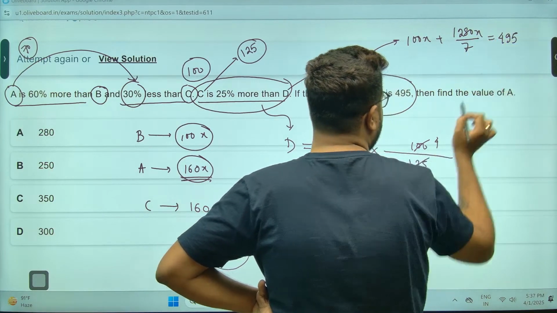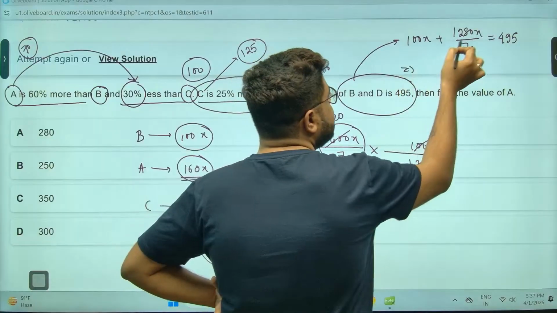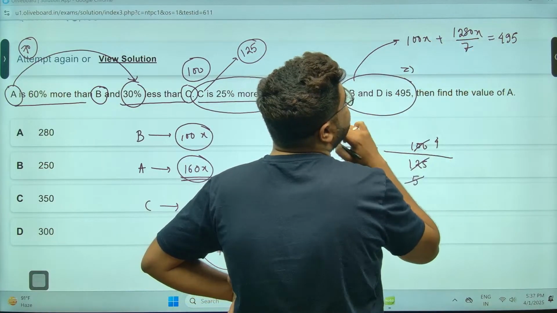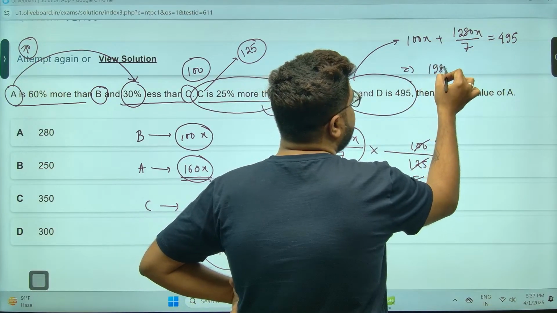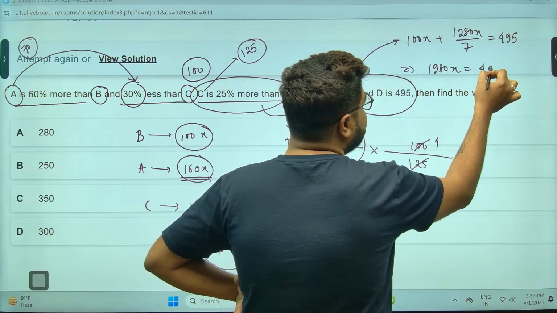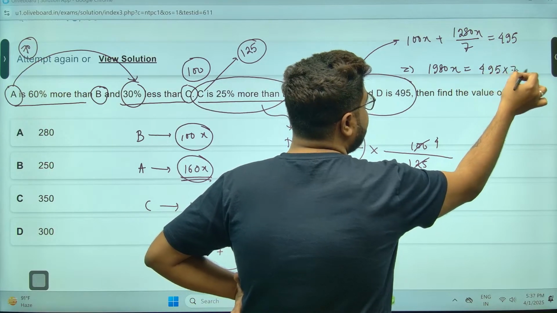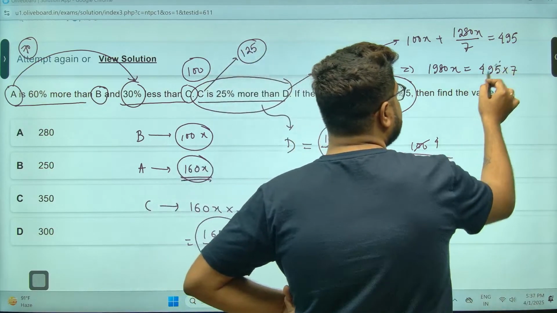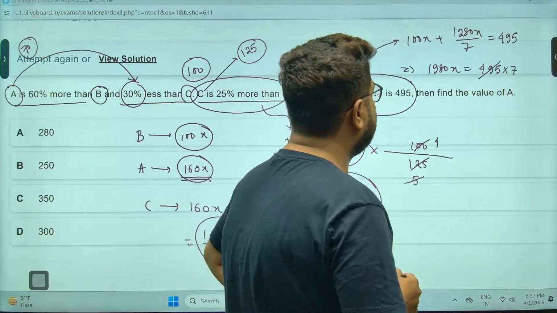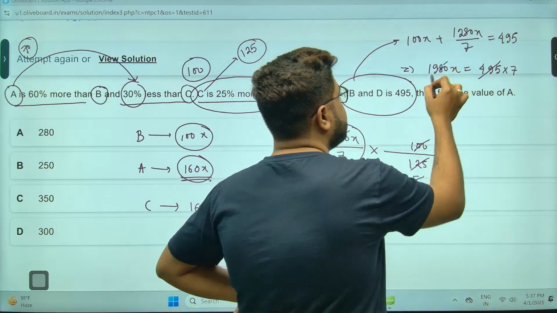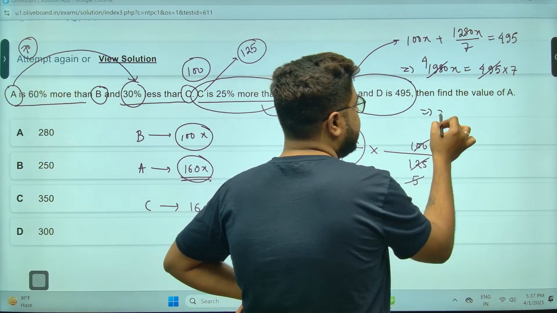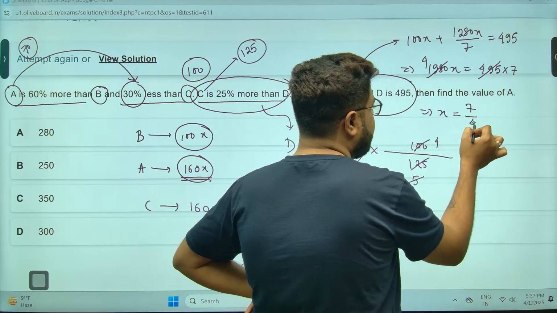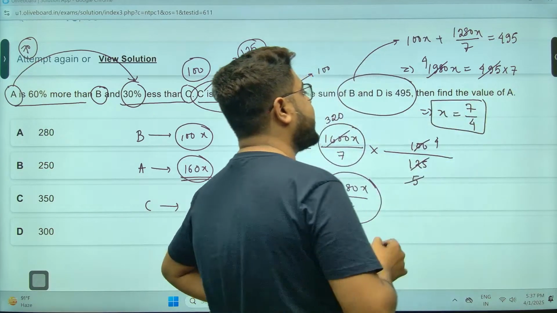It is equal to 495. 700 means 1980. It is 495 times 7. This is going by 4, right? 4 times x is 7 by 4 we are getting. X is 7 by 4.